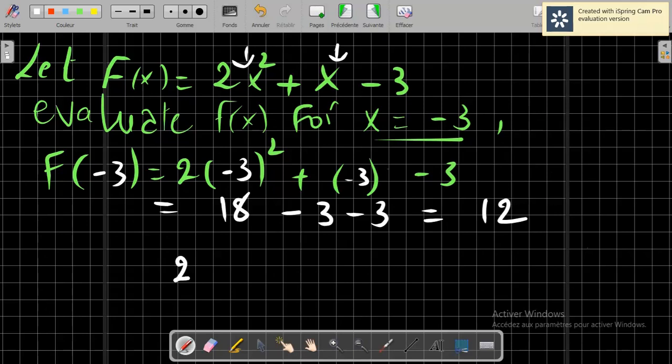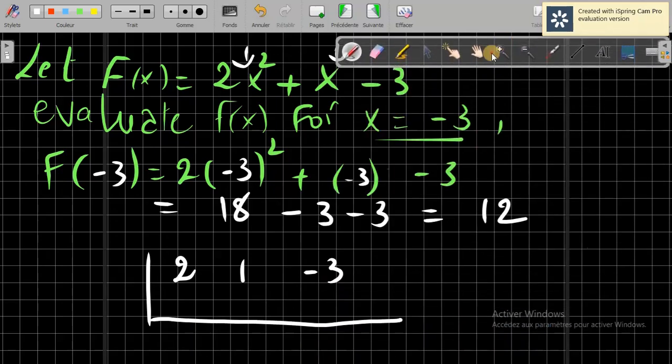So I have 2, I have 1, and I have negative 3 as a constant. Then I go through the same way as in synthetic division. I'm plugging in negative 3, so I take negative 3 here and pursue the same process.